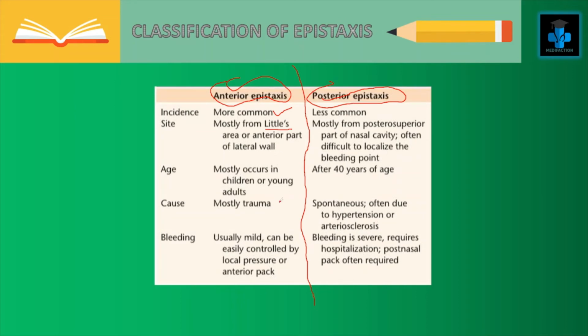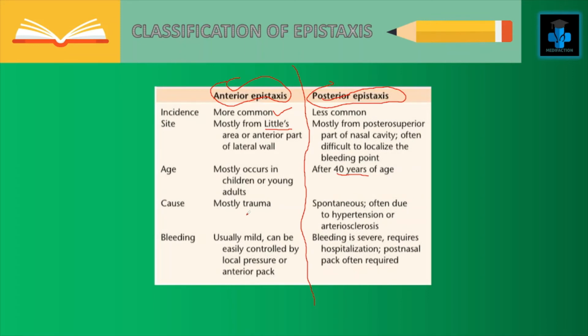Age. For anterior epistaxis, it mostly occurs in children and young adults, whereas posterior epistaxis is more common after 40 years of age. Cause. Anterior epistaxis is mostly due to trauma, whereas posterior epistaxis is spontaneous, often due to hypertension or arteriosclerosis.